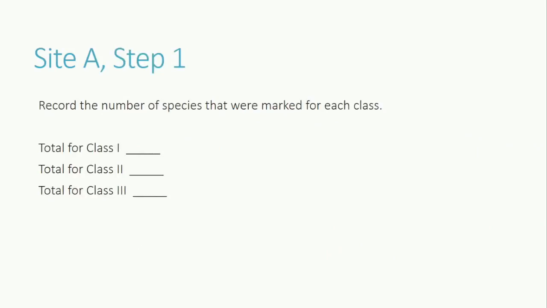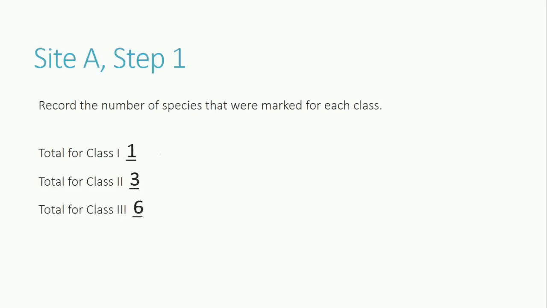Now we need to tally the number of species for each class. Remember, tally the number of species, not the number of individuals. You should have 1 species in Class 1, 3 species in Class 2, and 6 species in Class 3.